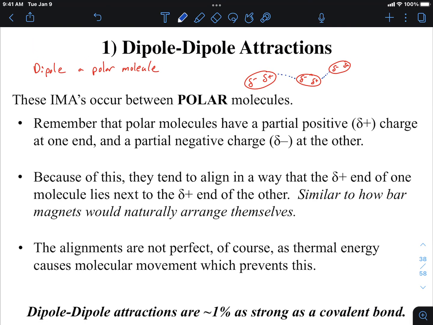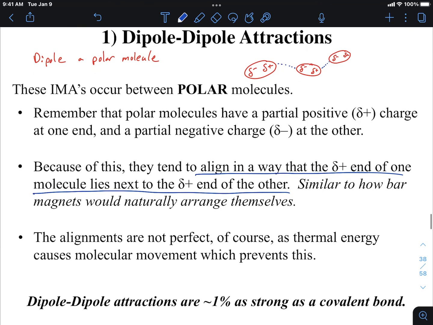Now, because of this, they have to align, and that's what I was just talking about. The positive side lies next to the negative side of another. Now, these alignments aren't perfect because they all wiggle, they all move around, but whenever they can, they will arrange themselves this way.